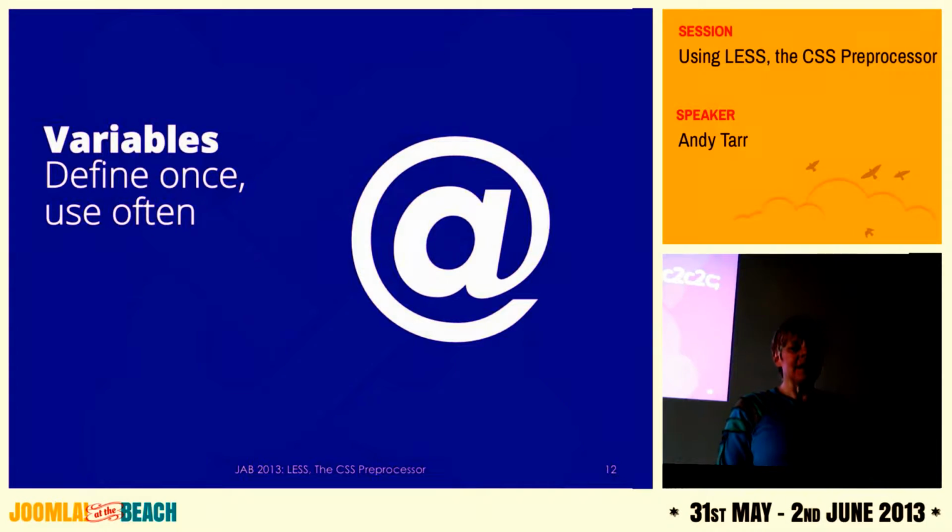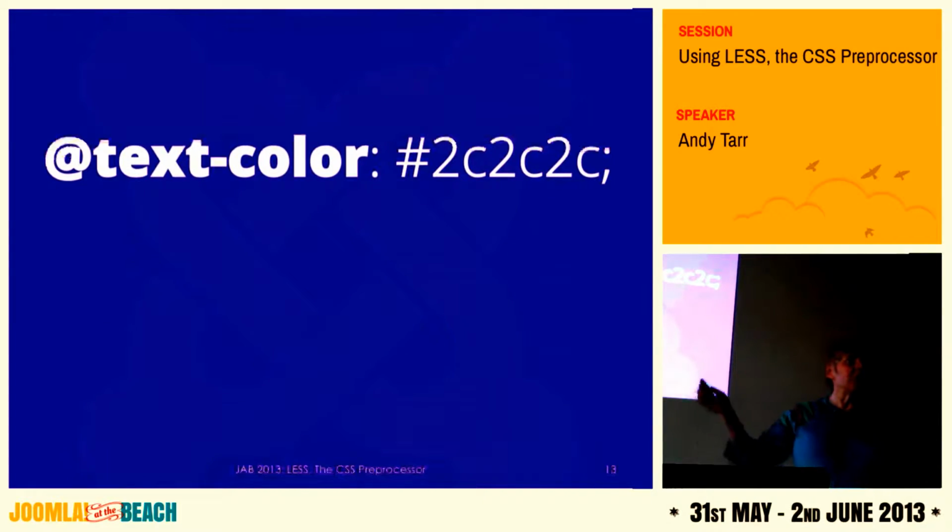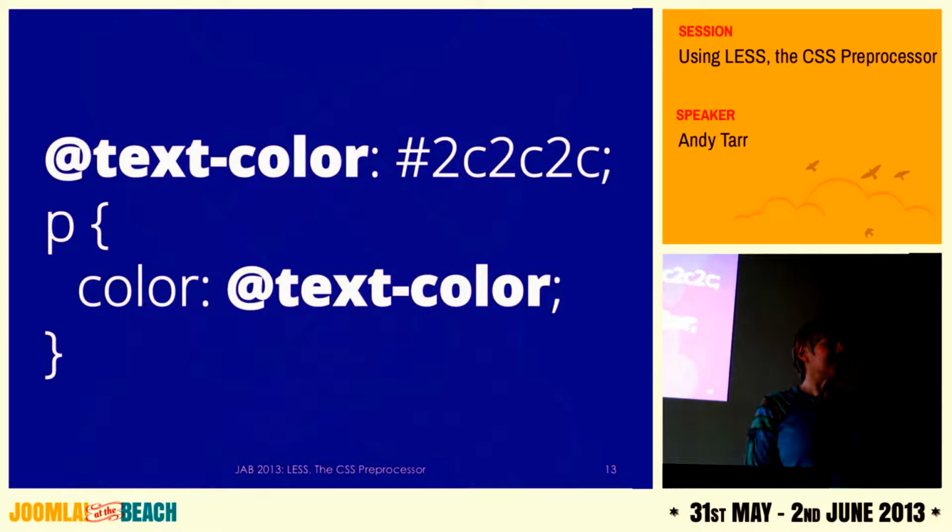So let's say you put this in your file: @text-color, colon, and then you put what the color is. Now, text color, that can be whatever you want to call it, you can call it George, @George. And I want to have this dark gray showing. And then any place that you would normally put that hex code, you can just say @text-color. So here's your paragraph, and the color I want is @text-color.